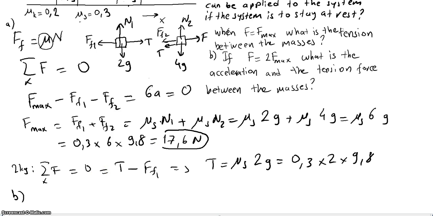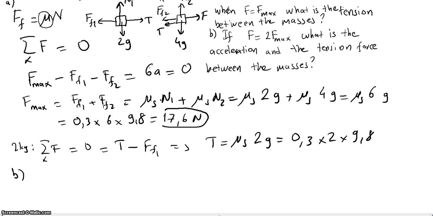Again, we can see the whole system as one body of 6 kilograms, and write down Newton's second law in the x direction: the total force will be equal to the total mass times A, and the total mass is 6 kilograms.